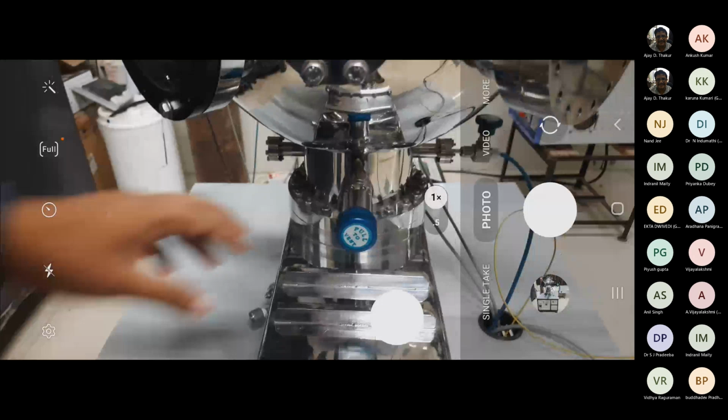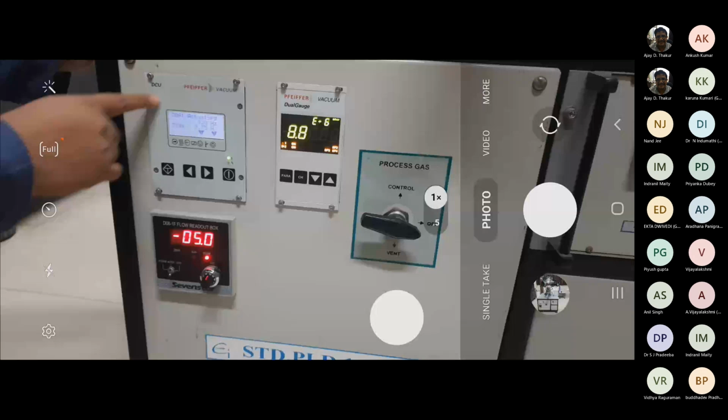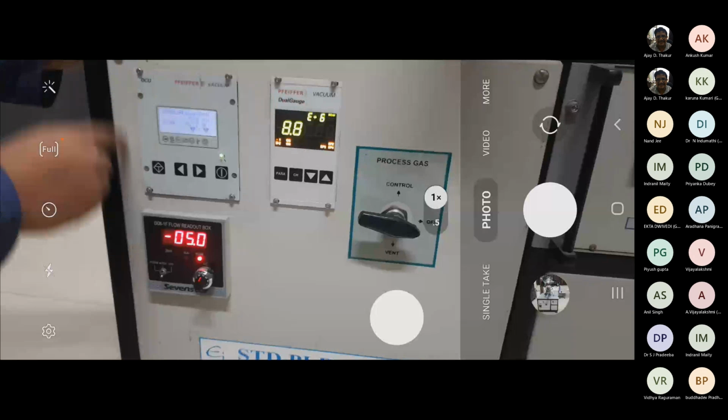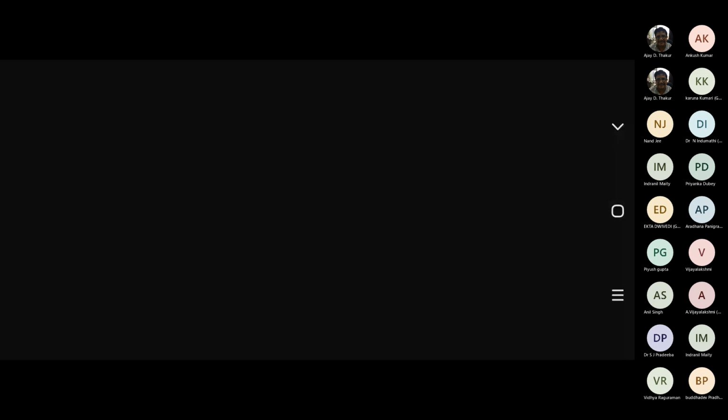And it is the valve by which we can close or open the chamber. And you can see this is the vacuum controller system, and it is very simple to handle by only changing the switches and changing the commands. We can do that. And it is the gauge meter. You can see here is the current pressure. Lowest pressure is 8.8 into 10 to the power minus 6 millibar.